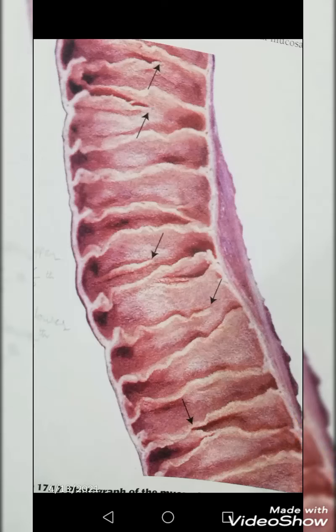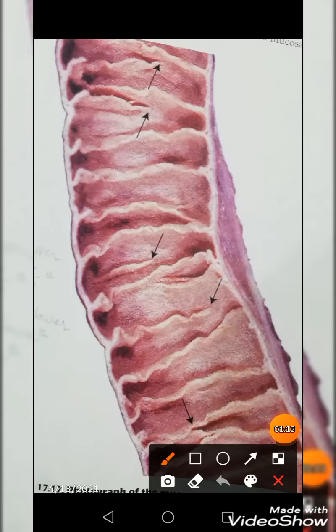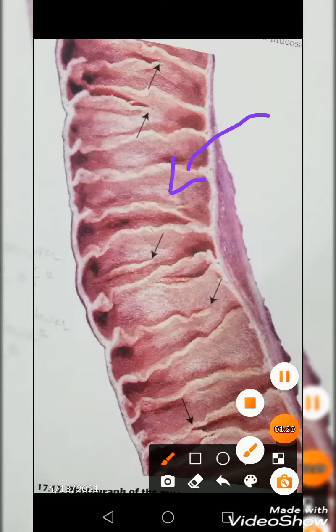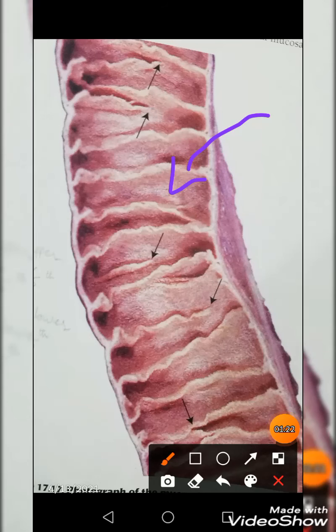In this picture, you are looking at the surface modification known as plica circularis. What are they? These are the semilunar, or circular, folds present on the mucosa macroscopically. What are they made up of?